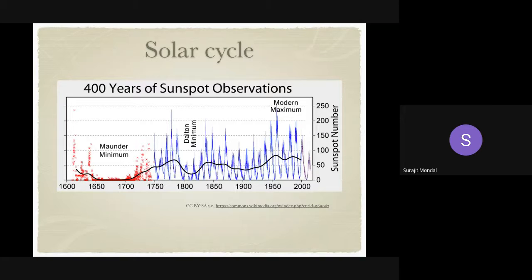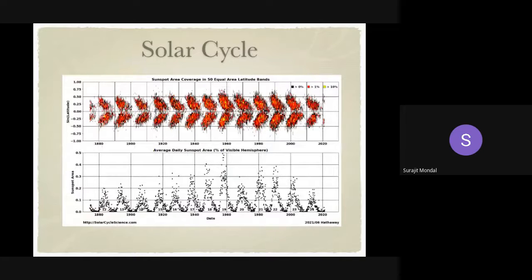Another thing to note is that the maximum number of sunspots observed is also not the same for every cycle. It is not just the number of sunspots that is changing and showing this 11-year cycle. If you see, the area occupied by these sunspots also shows a similar variation and a similar periodicity of 11 years. It is shown in this diagram.